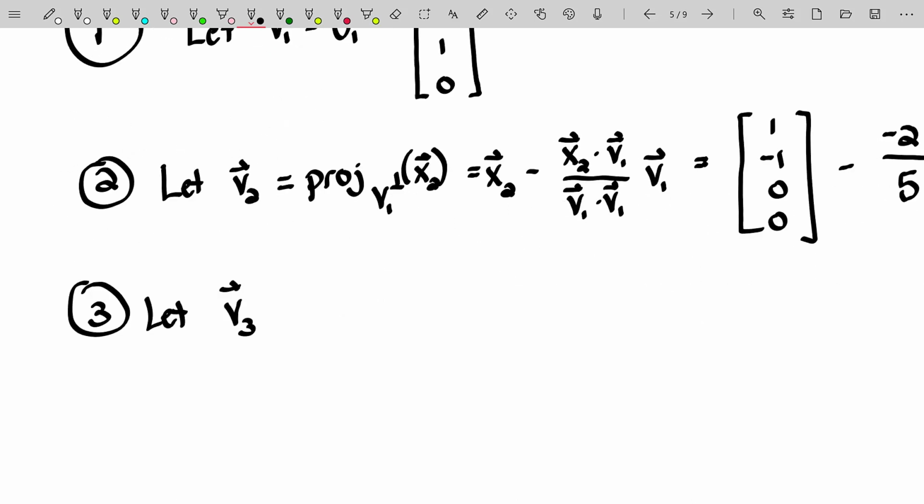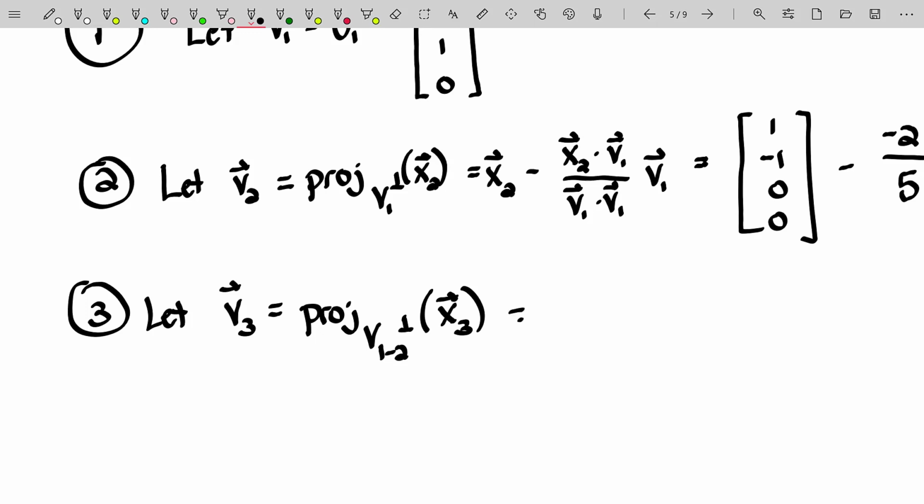We want our v sub 3 to be perpendicular to the space spanned by v sub 1 and v sub 2. Let me say that again. We want v sub 3 to be perpendicular to the space spanned by v sub 1 and v sub 2. In fact, we want it to be perpendicular to the shadow of x sub 3 onto the subspace spanned by v sub 1 and v sub 2.